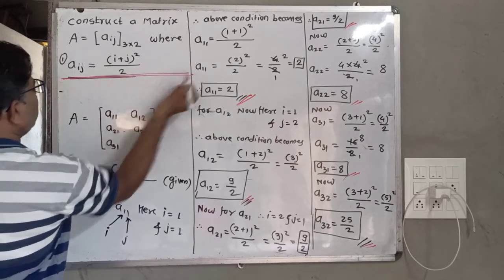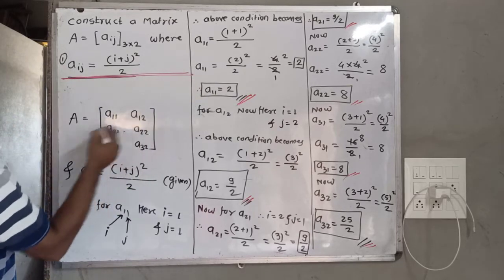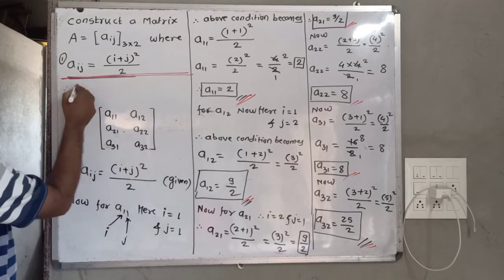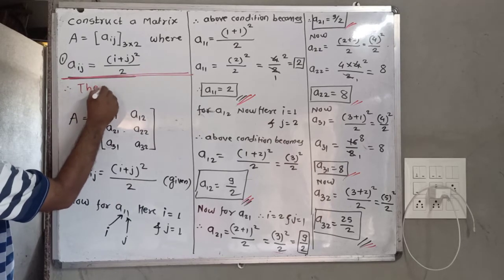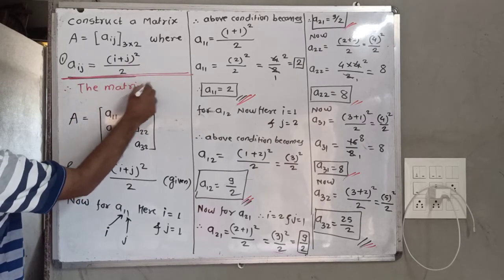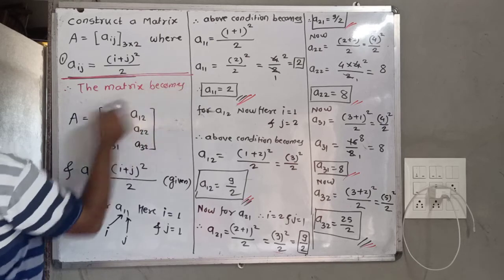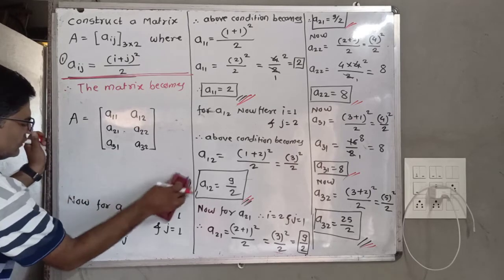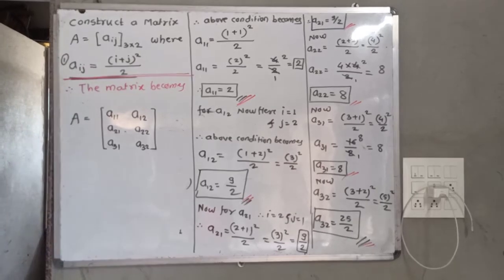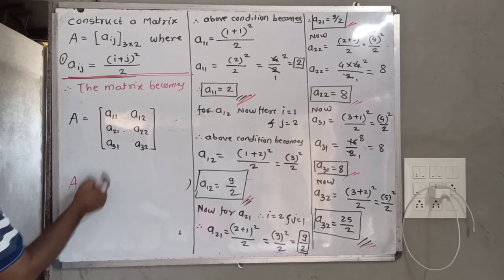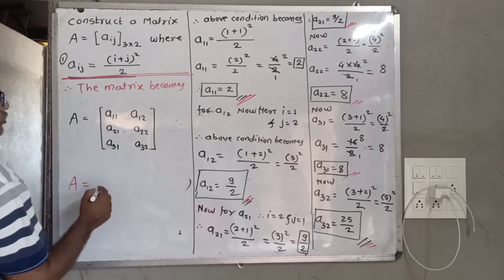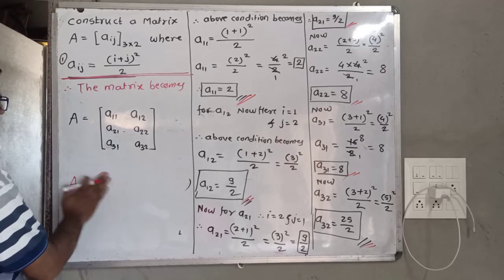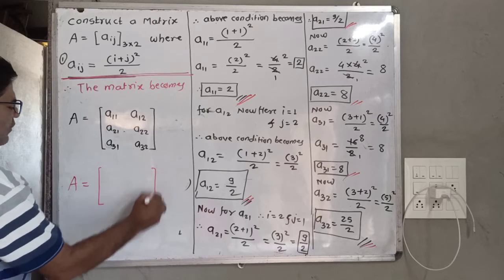This is your example. Therefore, name this matrix A, suppose. Therefore the matrix becomes this matrix. Then just put down the values. What is your answer? A equal to, we are going to put the values.